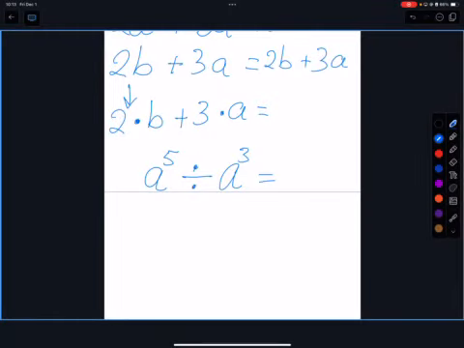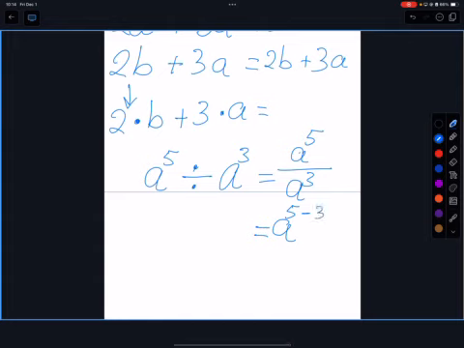This division sign, you can write it differently. You can write a to the power of 5 divided by a to the power of 3. The same thing is written. So what do you get? A to the power of 5, subtract the power of 3, and your answer is a squared. Not something that's new.